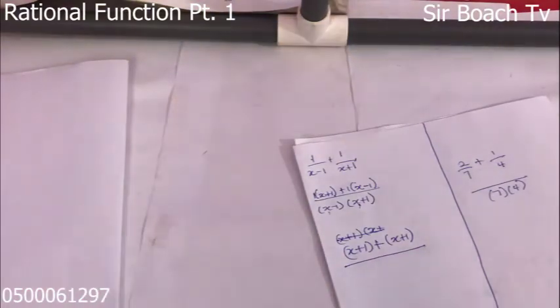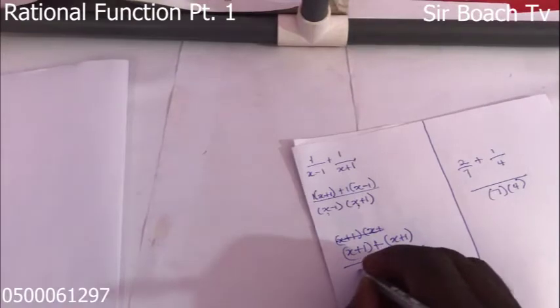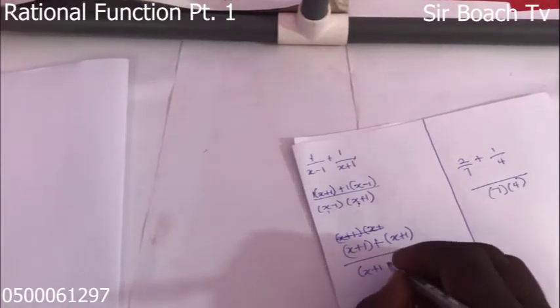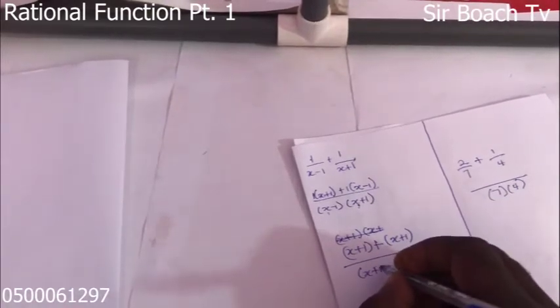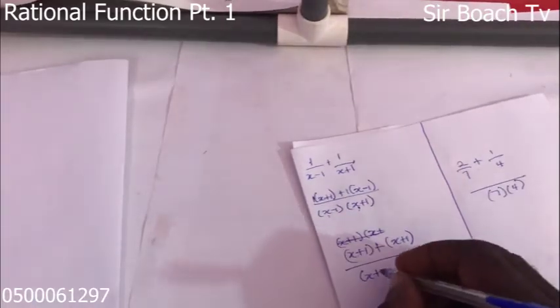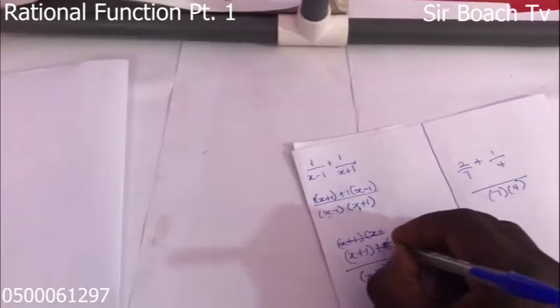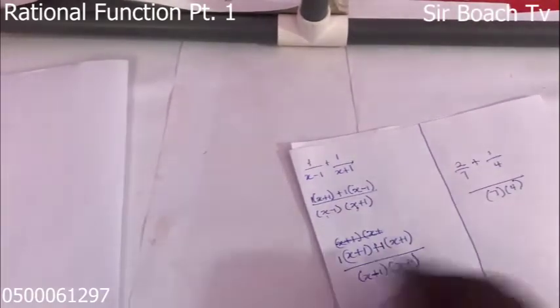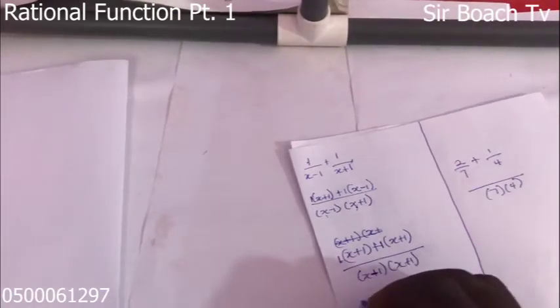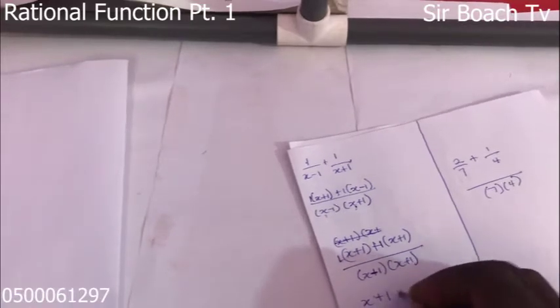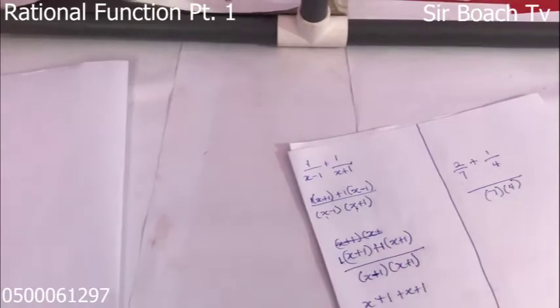So let's still maintain our x minus 1 and also x plus 1. Let's maintain our 1 over here. This is what we had. So now let's open. If I open this bracket, I'm going to get x plus 1 plus x plus 1.